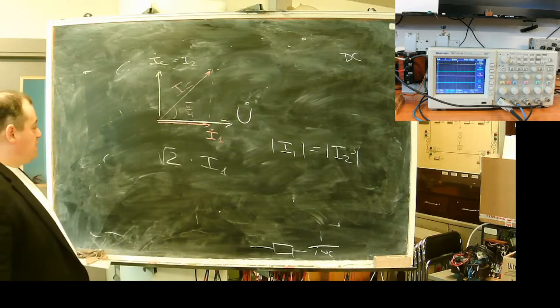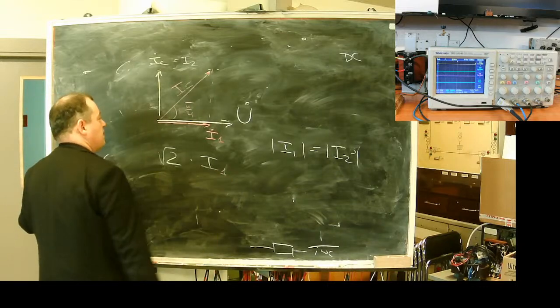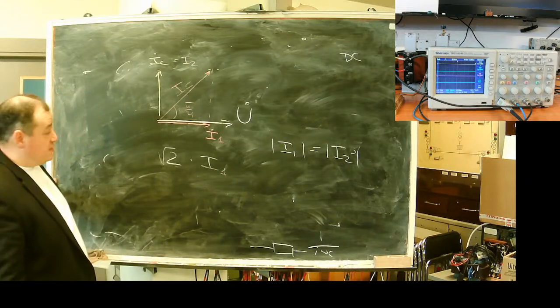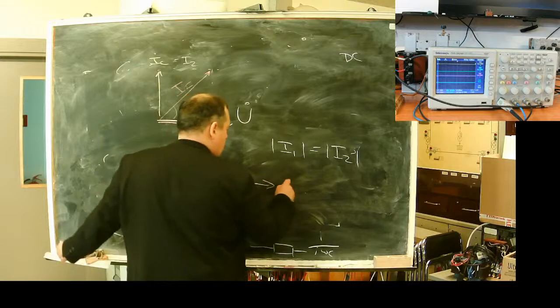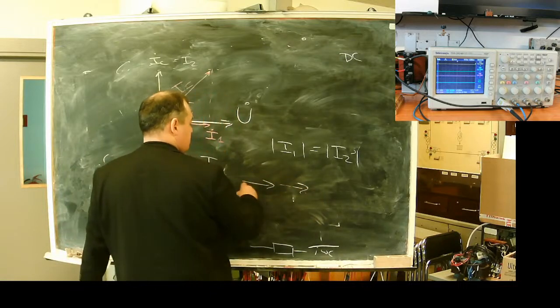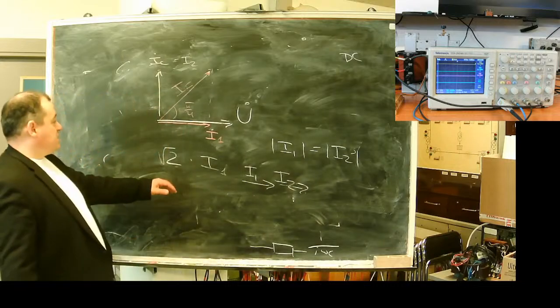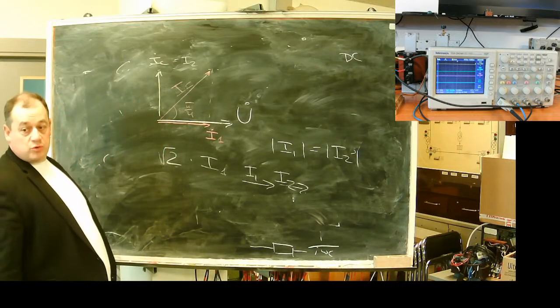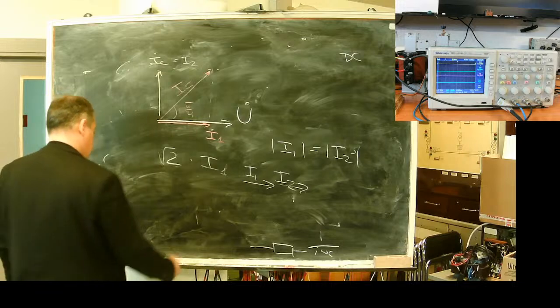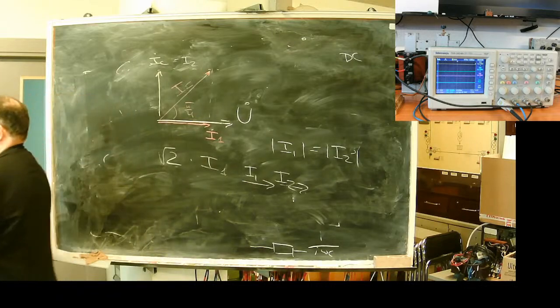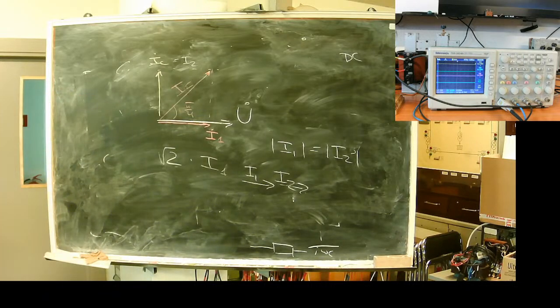If currents are equal, the magnitude will not be twice, as it should be with active, but square root of 2. That's where the difference comes.